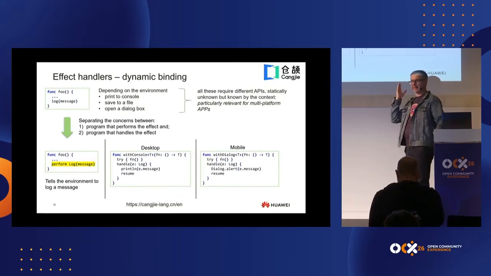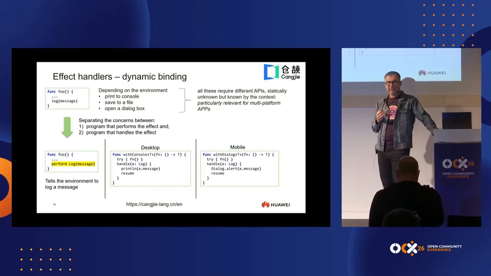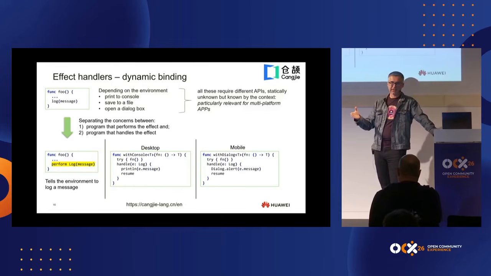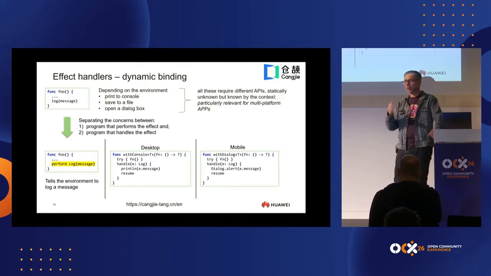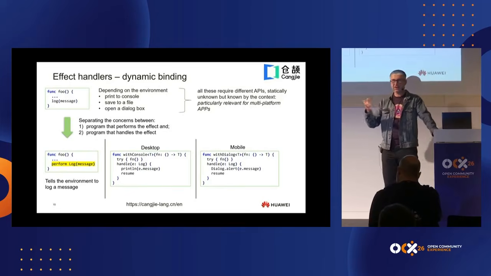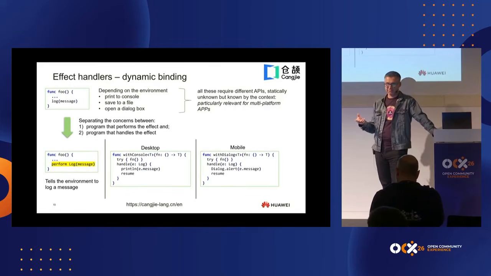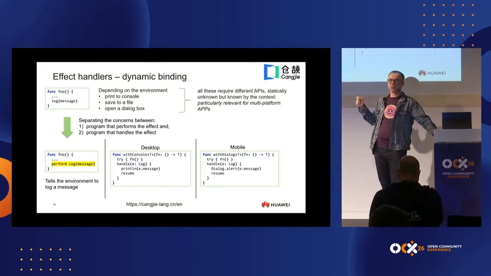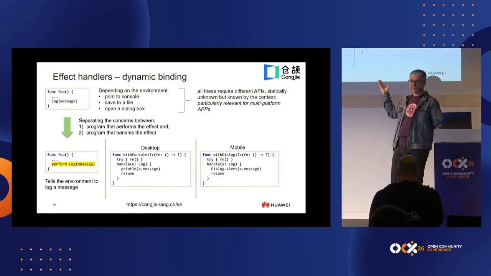So for example, the hello world of dynamic binding is logging, right? You want to have a framework where you log things. But the concept of logging is very loosely specified. So imagine that you write a library for a framework such as Oniro.